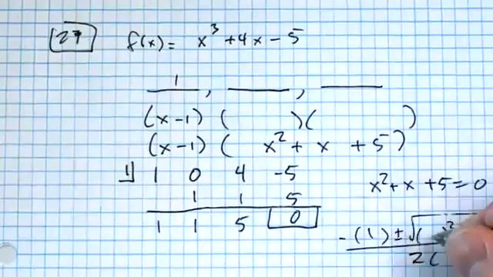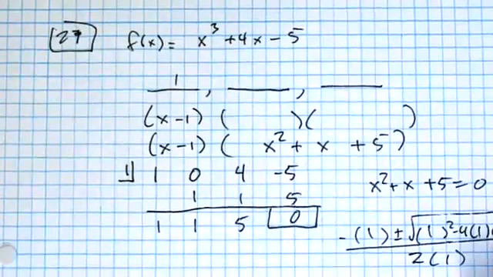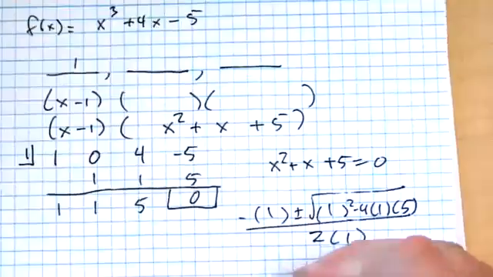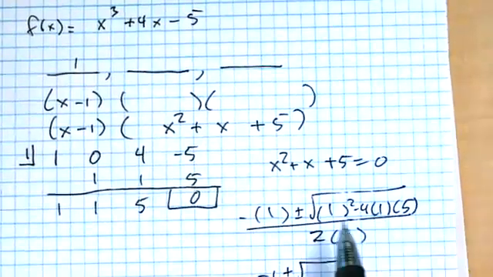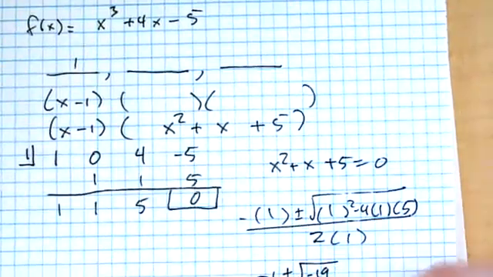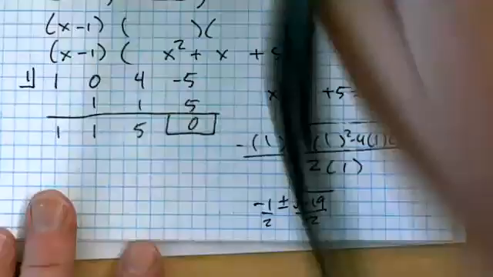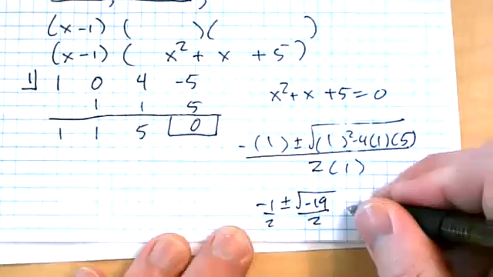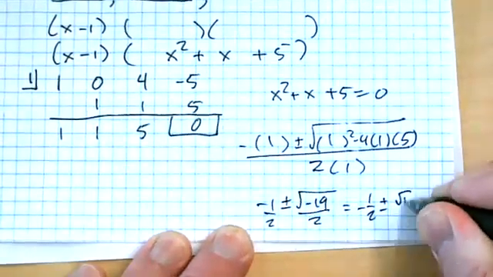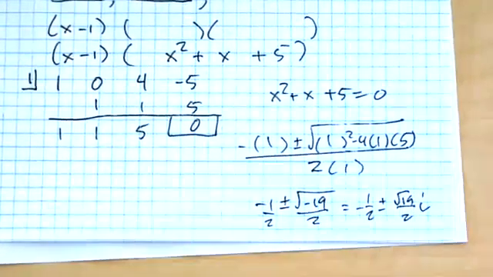All right, B was 1, A was 1, C was 5. Negative 1 plus or minus root 1 minus 20, which would be negative 19, all over 2. Sorry, I keep running off the page here. So I'm getting negative 1/2 plus or minus root 19 over 2i, because there's a negative in there.